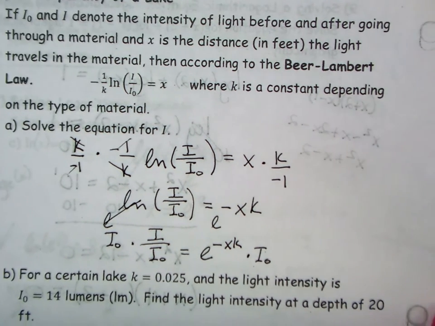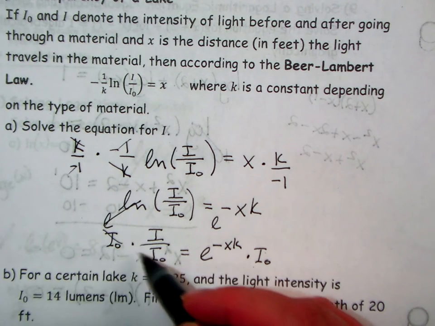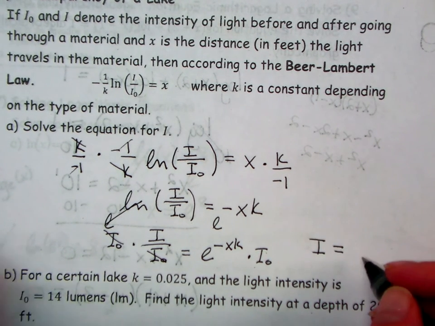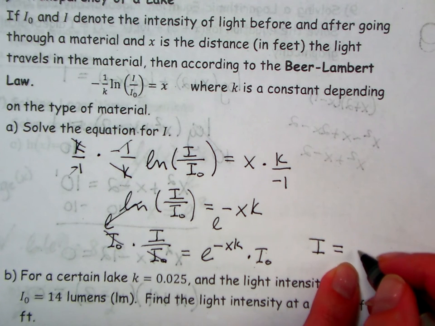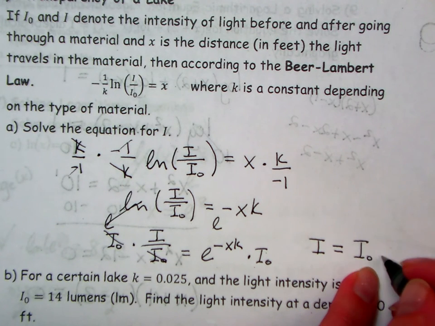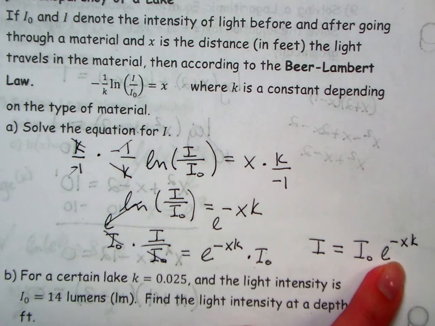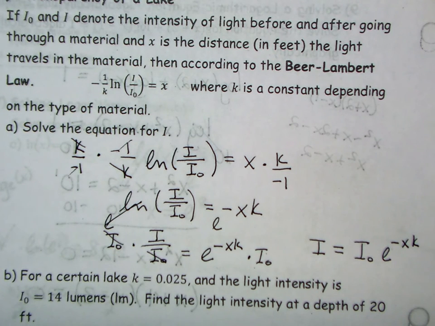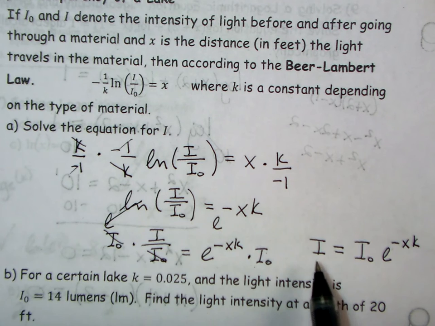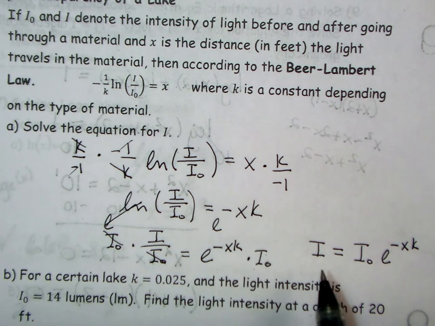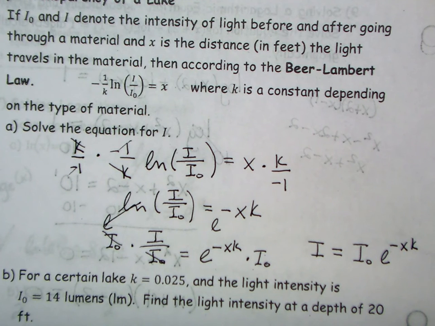The I sub 0's will cancel on the left, so I get I equals I sub 0 e to the negative xk. So we solved this literal equation for a different variable. We started with it equaling the distance in feet, and now it's equal to the intensity of light after it's passed through some sort of material.